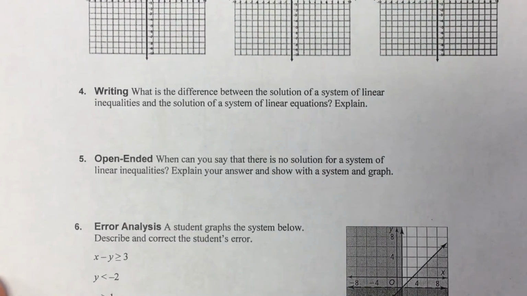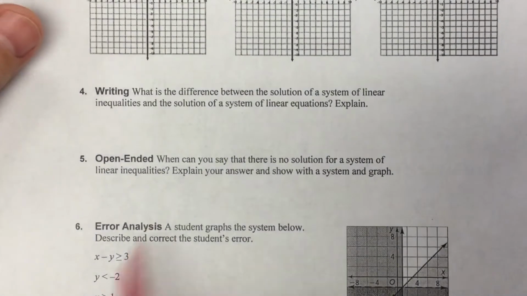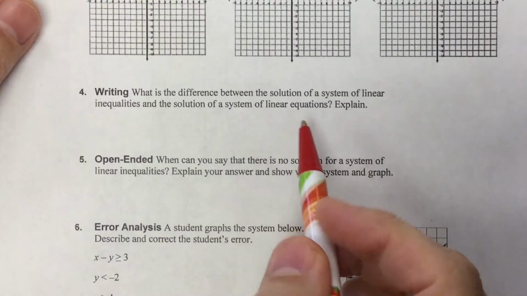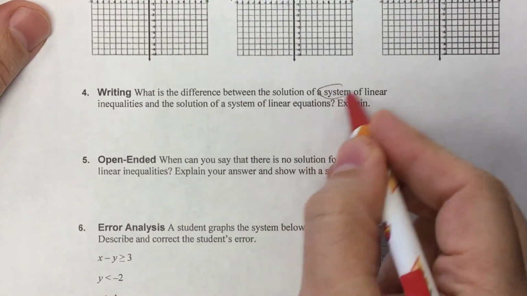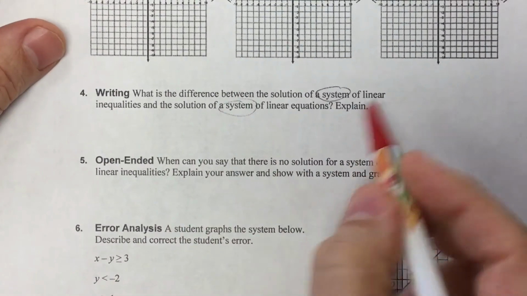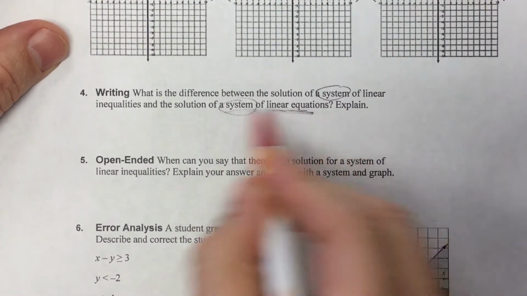Number 4. What is the difference between the solution of a system of linear inequalities and the solution of a system of linear equations? Okay, so both of these we're talking about the systems. If I have linear equations, let's do that one first.